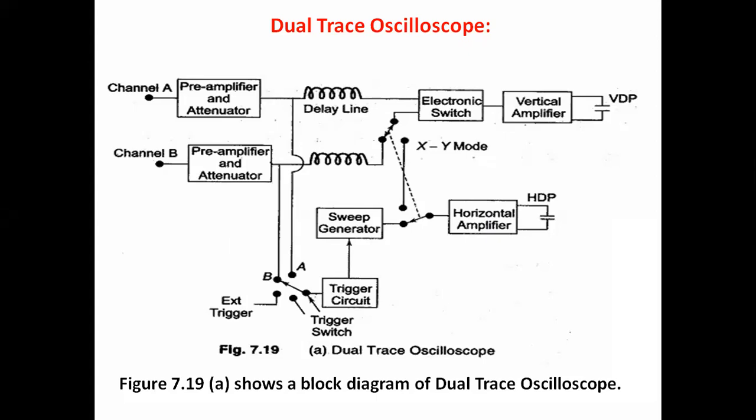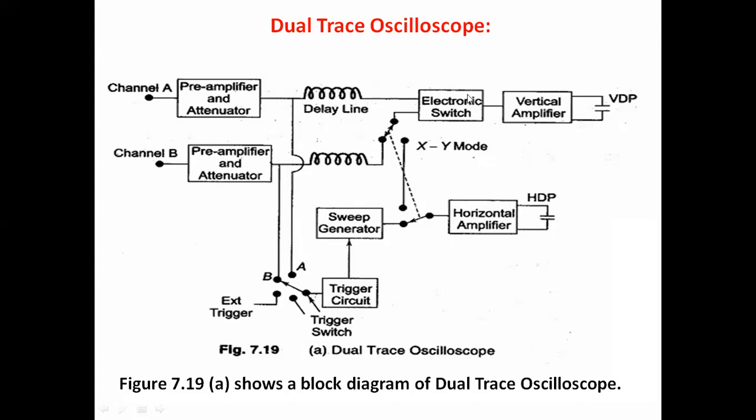But in the actual process, what happens is, we have 8 channels, and the 8 channels will collect the signals from the different patients. Those signals will be applied to the 8 channels, and those eight channels will be applied to the vertical amplifier.